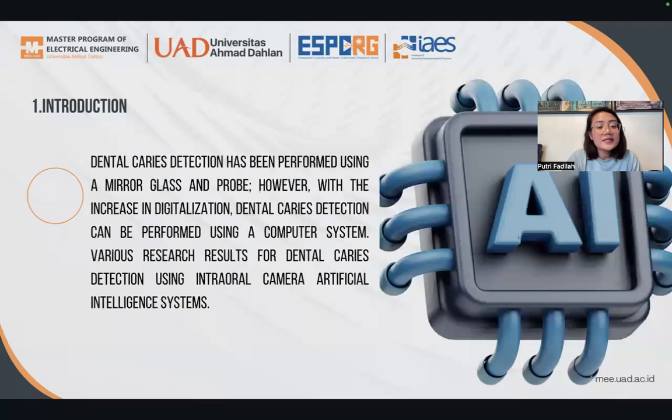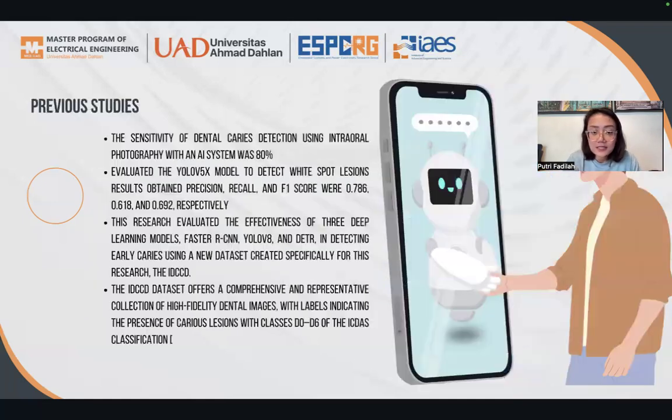Dental caries detection has traditionally been performed using a mirror glass and probe, or clinical examination. However, with the increase in digitalization in dentistry, dental caries detection can be performed using a computer system, using an intraoral camera and artificial intelligence systems.